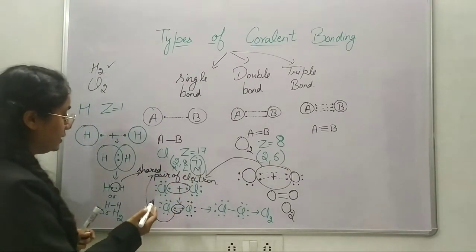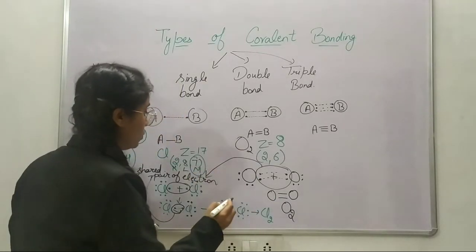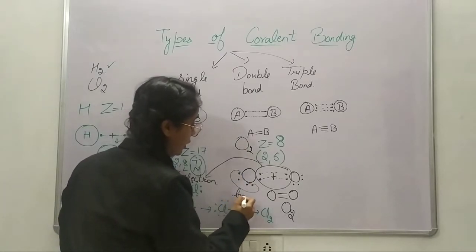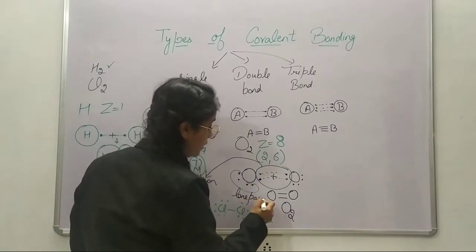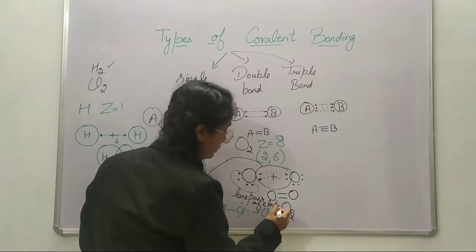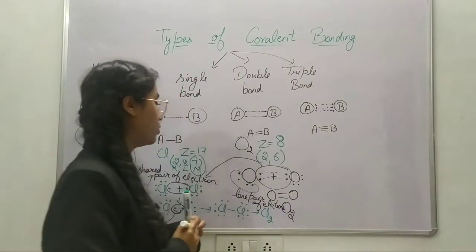Then what about the other ones, the leftovers? Those leftovers are known as lone pair of electrons. Okay, the leftovers are known as lone pair of electrons.